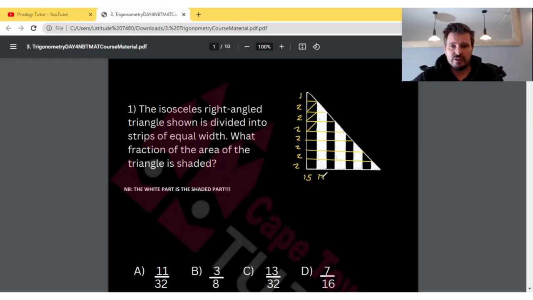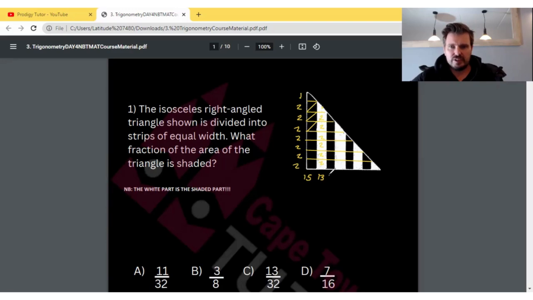Then there would be 13 next, because we've got one triangle, and then 2, 2, 2, 2, 2, 2, so 1, 2, 3, 4, 5, 6 times 2 is 12, plus this one triangle is 13. We notice it's going to go down by 2 each time, because each time you go down, it's one less block.